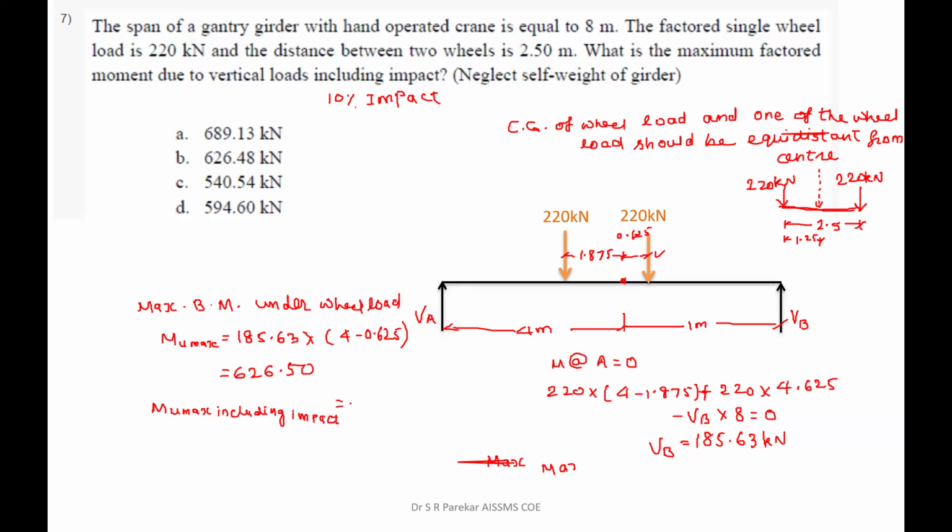That will be equal to 1.1 into 626.5, and we have this value 689.15 kilonewton meter. They have asked for maximum factored moment, so it should be in kilonewton meter, and this will be option A.